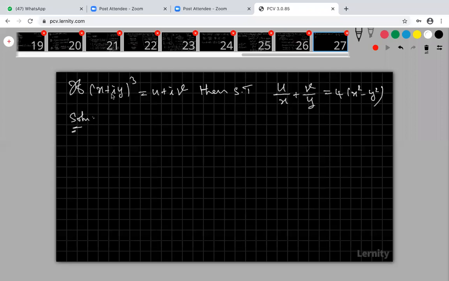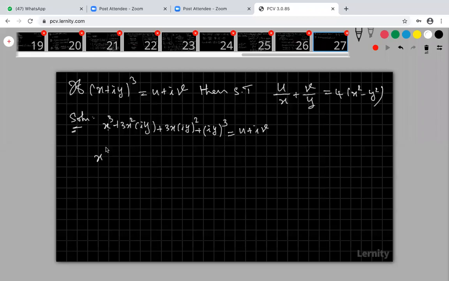Apply the a plus b the whole cube formula: a cube plus 3a square b plus 3ab square plus b cube, equal to u plus iv. The same formula works for complex numbers also.